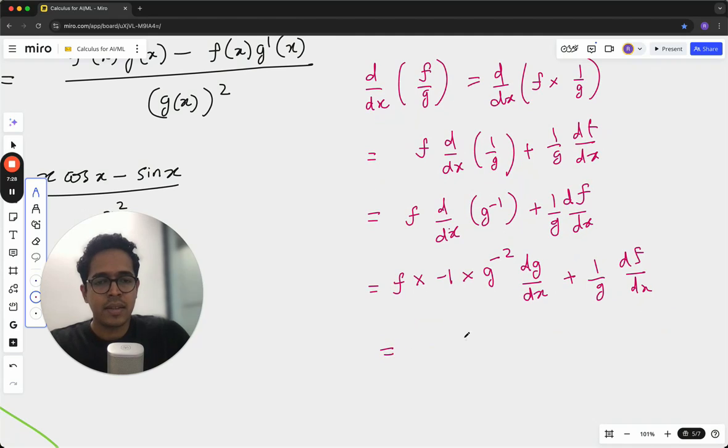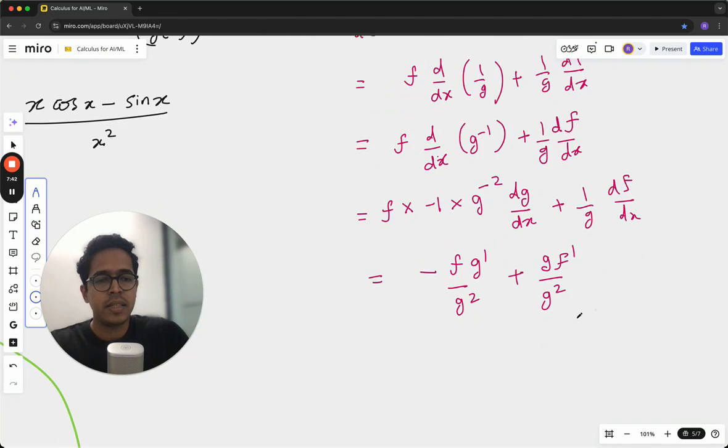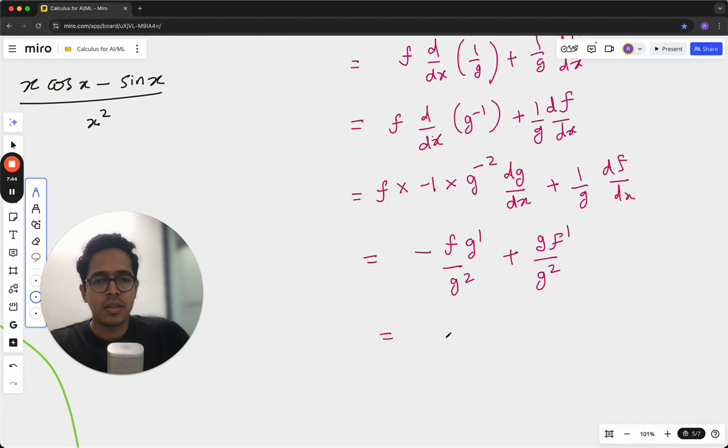Now, if we write this, this is nothing but minus f by g square g prime plus g by g square f prime. I multiply and divide by g. And what is this? This is nothing but f prime g minus g prime f divided by g square. So this is the derivation.